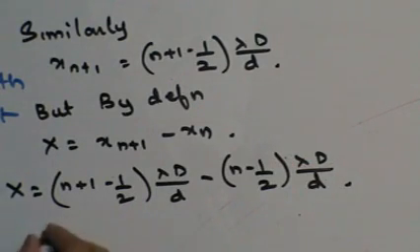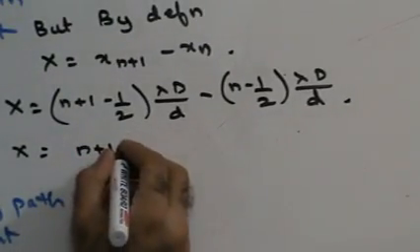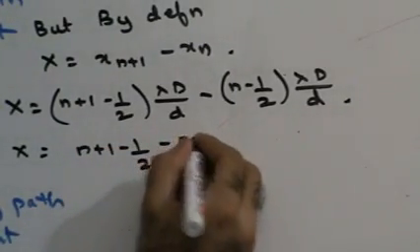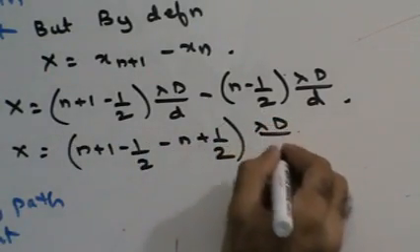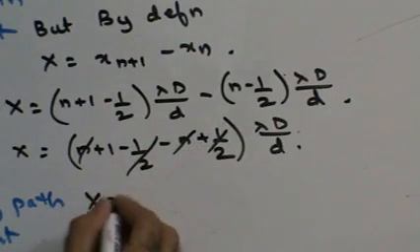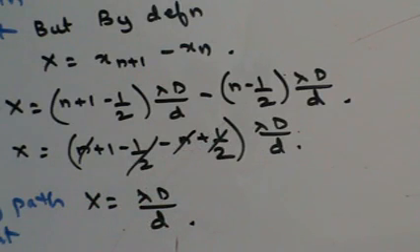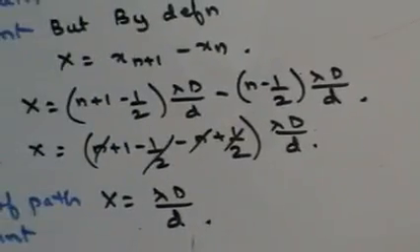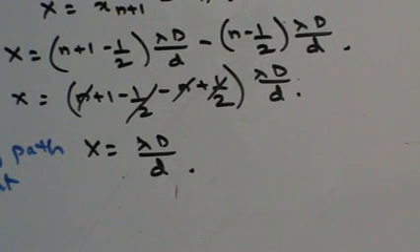In which case I can take lambda d by d common, so I'll get n plus 1 minus 1 by 2 minus n plus 1 by 2, lambda d by d. N and n get cancelled, 1 by 2 gets cancelled, so fringe width is equal to lambda d by d. That means the fringe width for two consecutive dark bands is also lambda d by d.